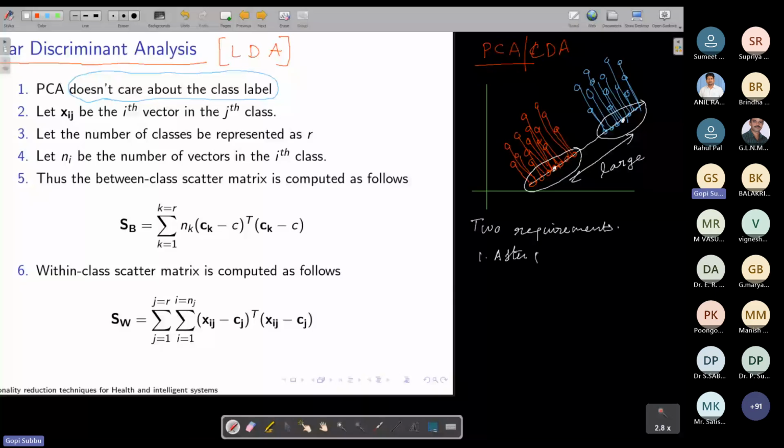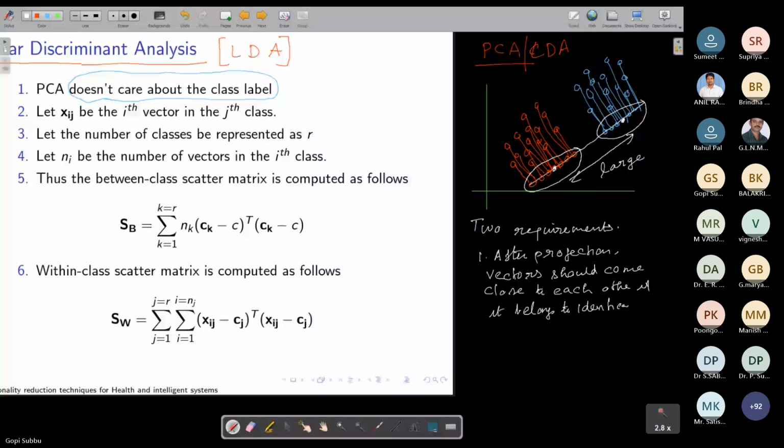After projection, vectors should come close to each other if they belong to the identical class. So if it is red, then red should come close. If it is blue, then blue should come close. That is one of the requirements.